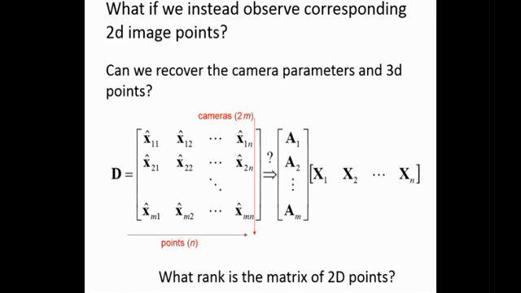Somebody said 3. If you have a k by n matrix, then the maximum rank of that matrix is the minimum of k and n. Also, if you multiply two matrices together, then the maximum rank of their product will be the minimum of the ranks of these matrices. So this has a rank of 3 at most, and this at most has a rank of 3. And this big 2D matrix also has a rank of at most 3. So that gives us our first clue.